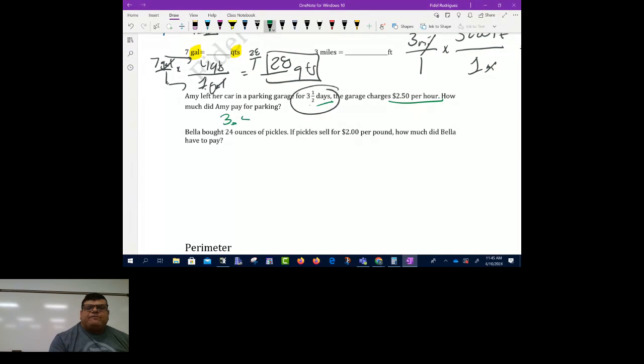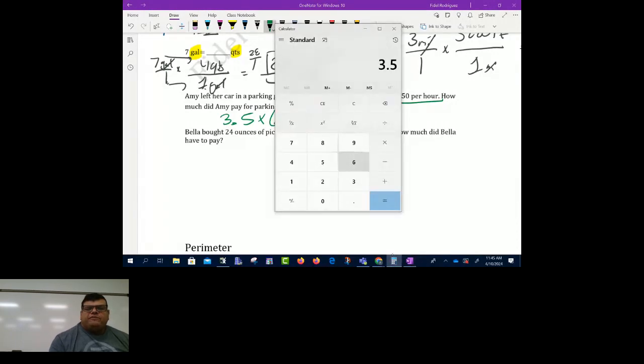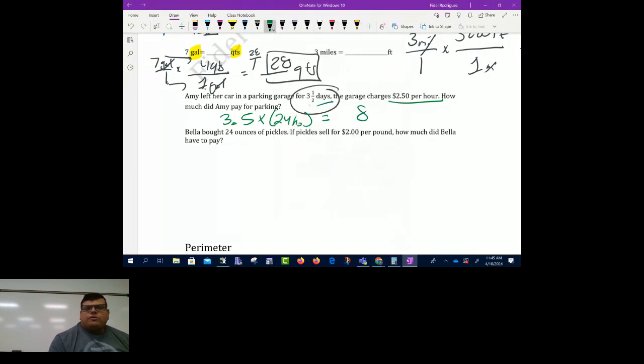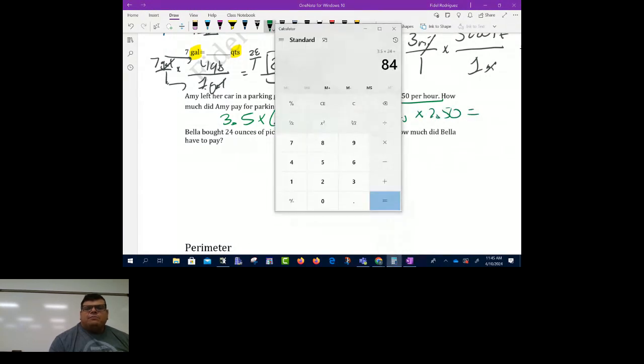Guys, 3.5, we can write it as 3.5. We know that there's 24 hours in a day. So we're going to take 3.5 times 24. That means that that car, y'all, was there for 84 hours, right? And then we got to take that number and multiply it by $2.50.